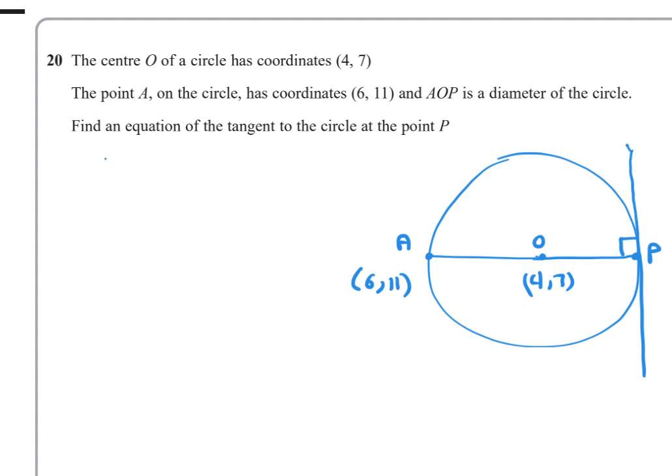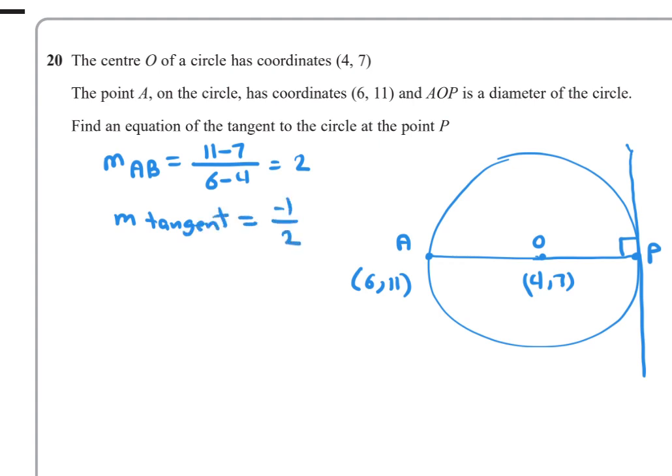So the gradient of AB equals 11 minus 7 over 6 minus 4 equals 4 over 2, which is 2. So the gradient of the tangent, negative reciprocal, so negative 1 over 2. So the equation of the tangent, y equals negative 1 over 2x plus c.